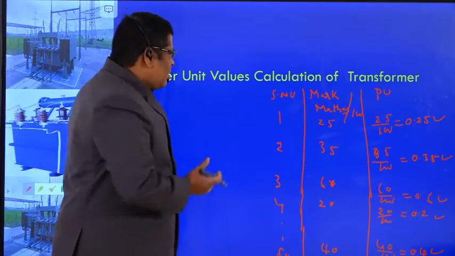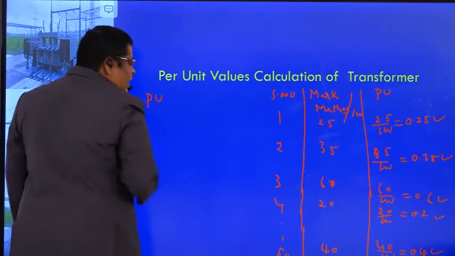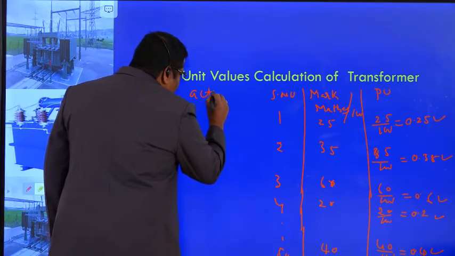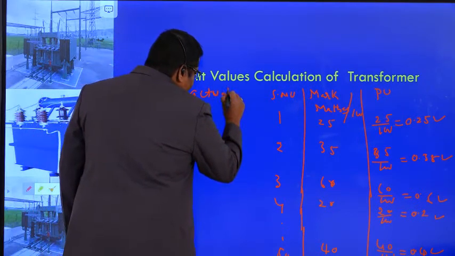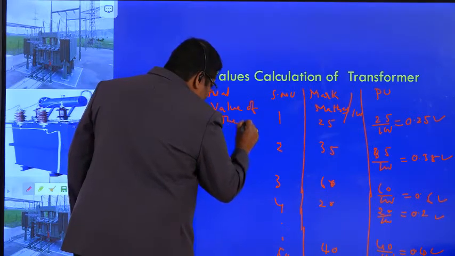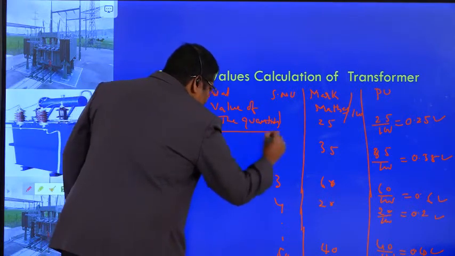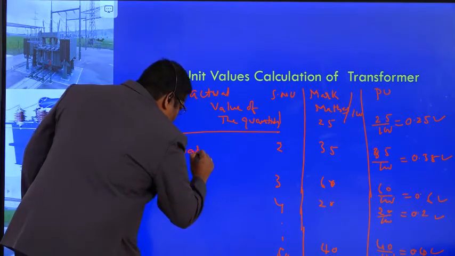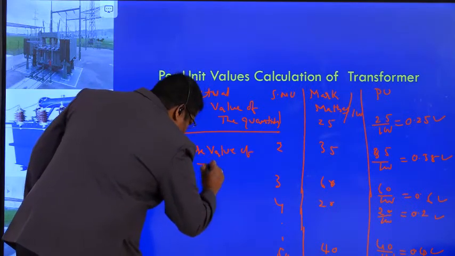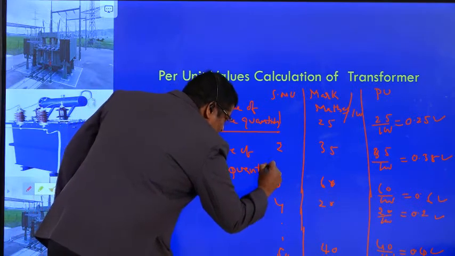So we define per unit as follows: the per unit value of any quantity is equal to the actual value of the quantity divided by the base value of that quantity. The quantity should be the same.